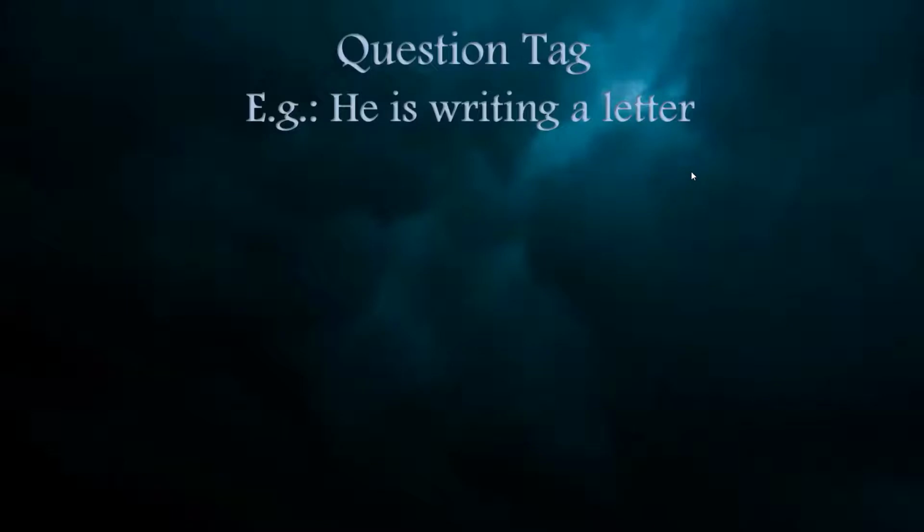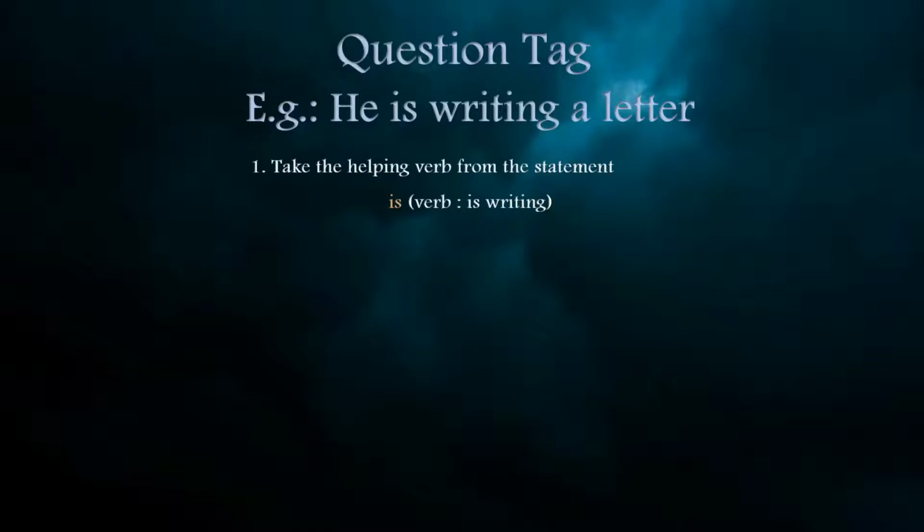Let us now see how to write a question tag. Let's consider the example. He is writing a letter. The first step that you have to follow is to identify the helping verb from the sentence. If you look at this example, the main verb writing is helped by is. So is becomes the helping verb. Pick the helping verb.